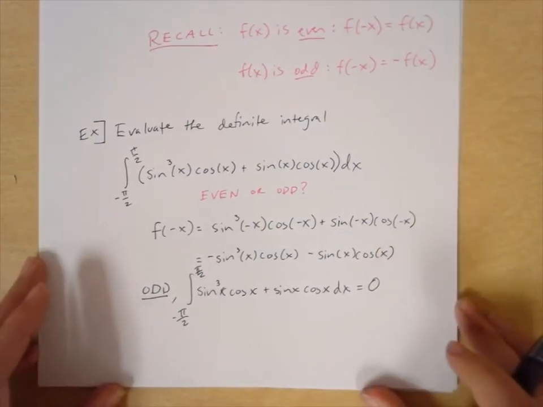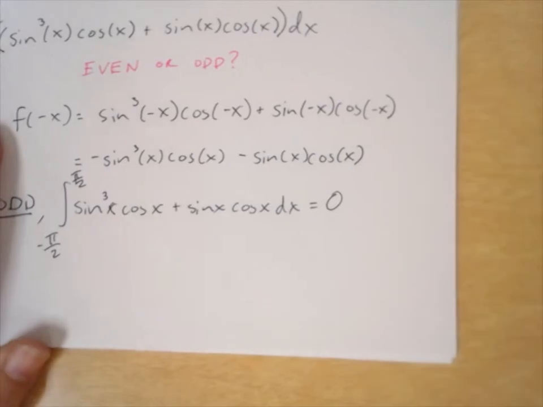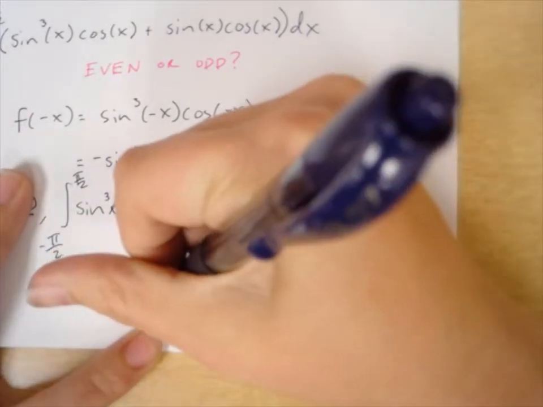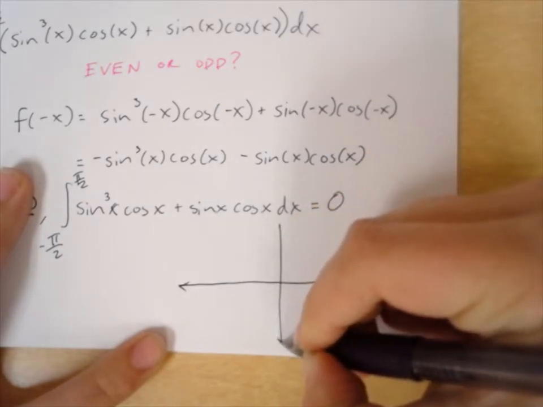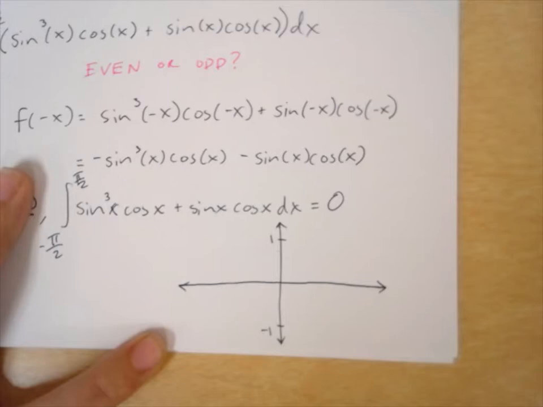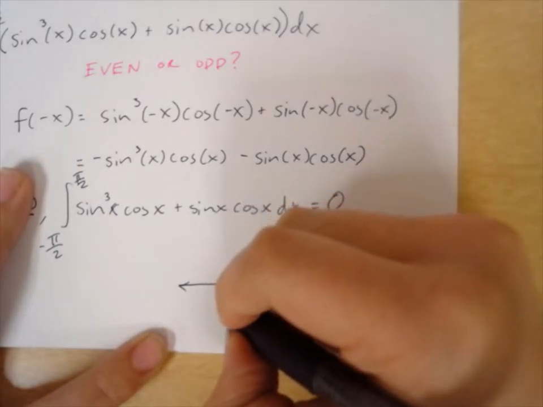I'll draw you a quick graph here as to why. Let me kind of zoom in so I can save some paper here. There we go. That's better. So a quick graph of why this is true. Okay. We're going to call this negative 1 and this 1. We're going to call this negative pi over 4.